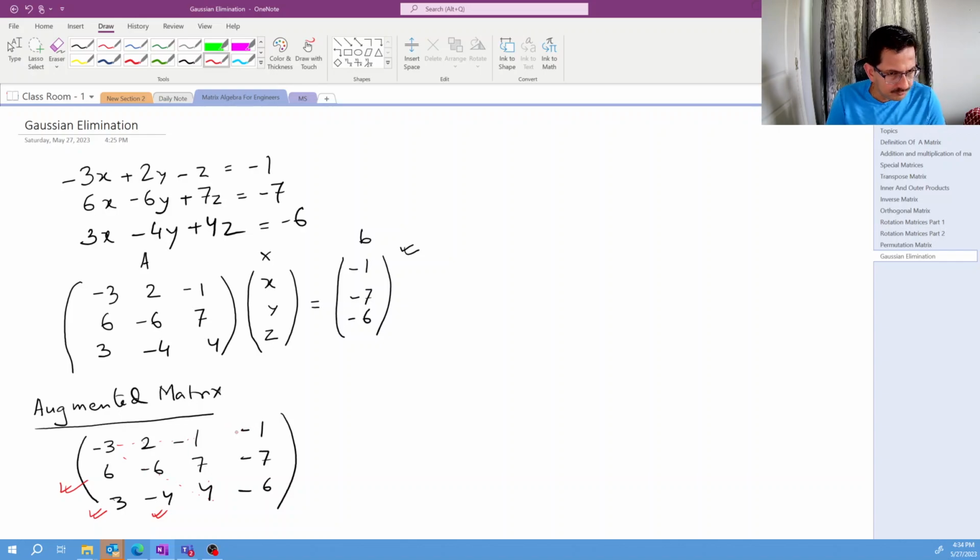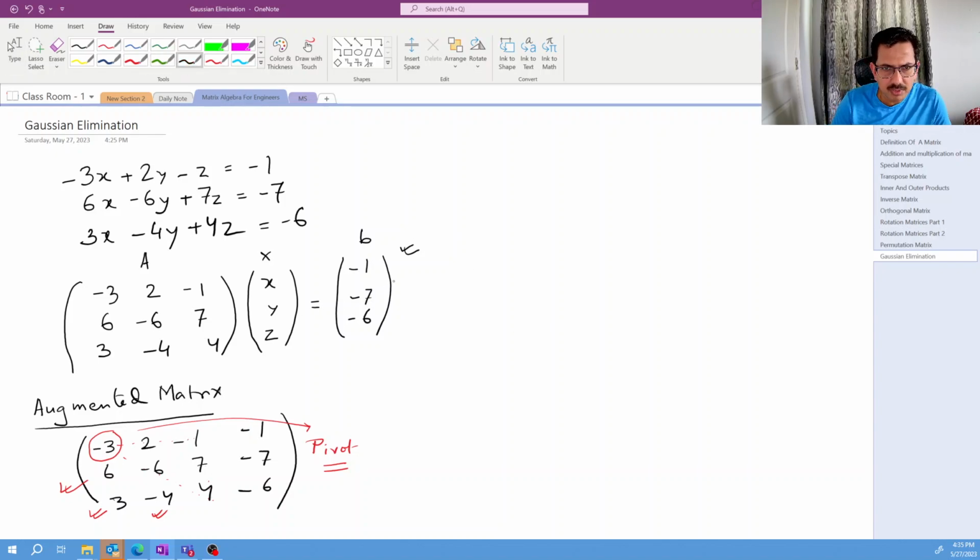So for that, this is my starting point, or sometimes we call it the pivot. What we can do is multiply the first row by 2 and then add it, and then we are getting 0, right?